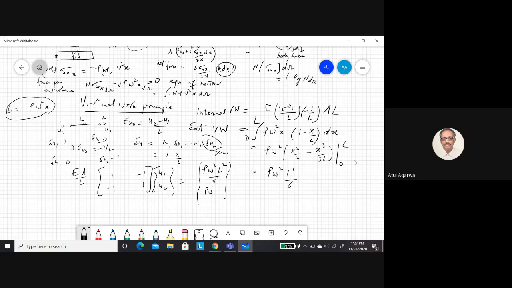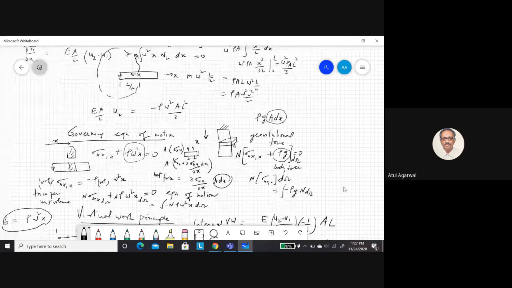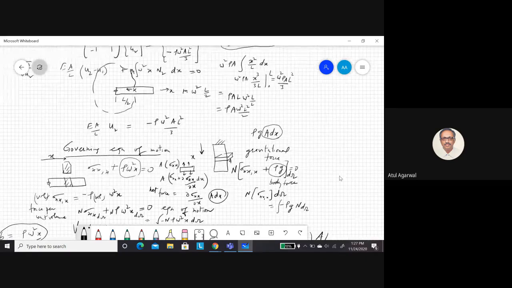And here you will have rho omega square L square by 3. So you see, here you are getting the right sign. Internal virtual work is equal to external virtual work. So this was your body force. So we have to see what mistake we made there.